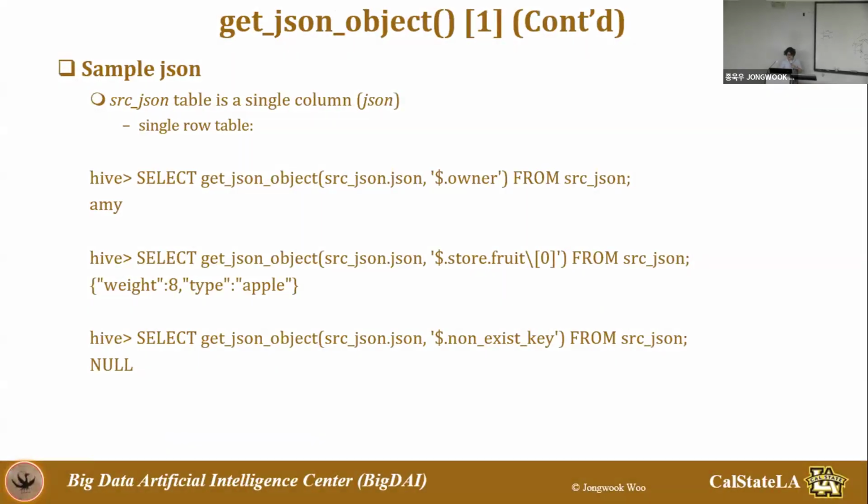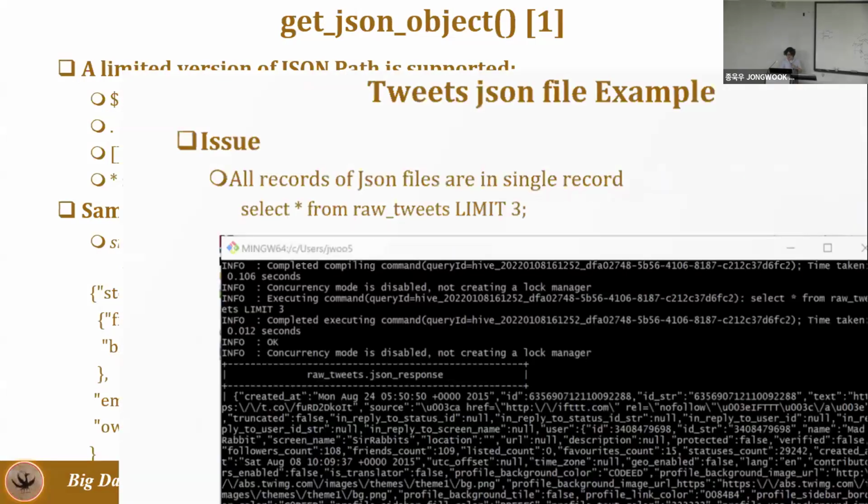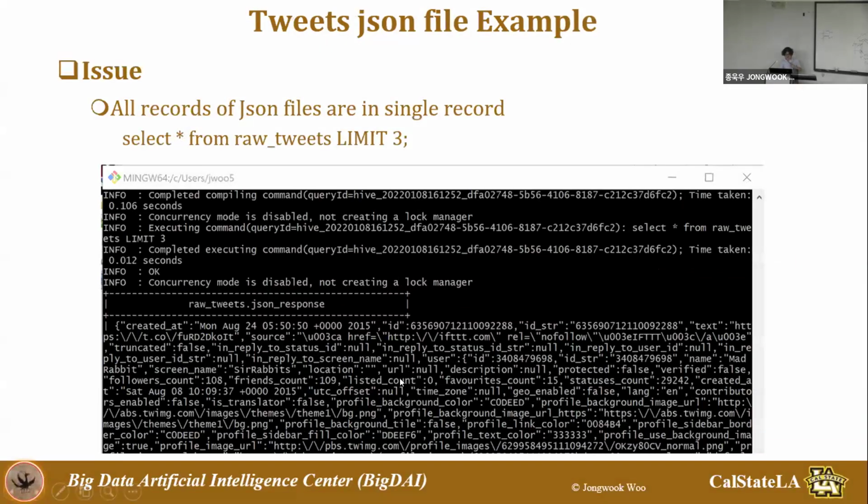So if I look at the data, this is the data from the first table, right? Raw Twitch.json response, this is your first table and column name. So there's a root, and you need to find user. You have to look at all elements, then somewhere you can find user here.